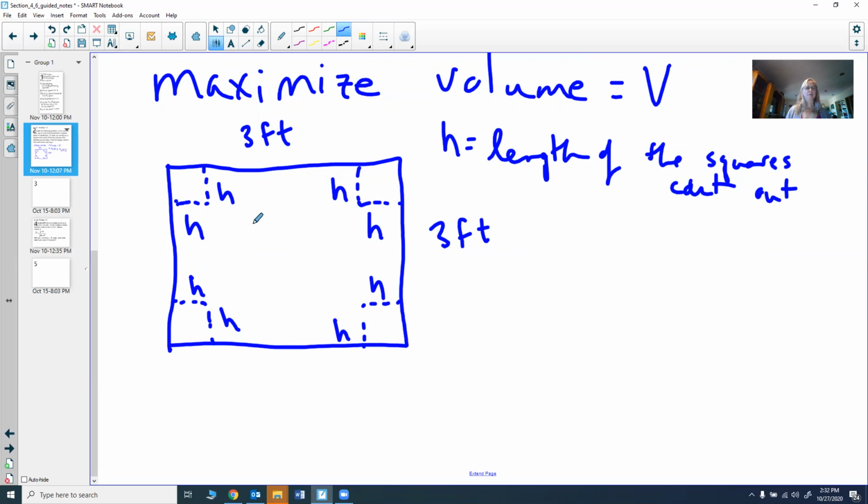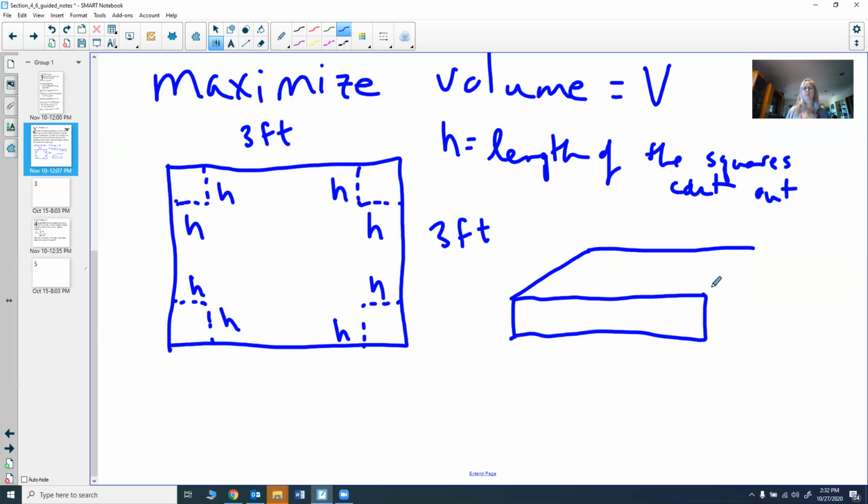All right, so now let's see if we can find out a few more things about this. One of the things I'm going to do is cut these and fold these sides up. So I'm going to get a side folded up, another side folded up, and all 4 sides folded up. It makes a box. The length of these heights is H. That's what we call that.